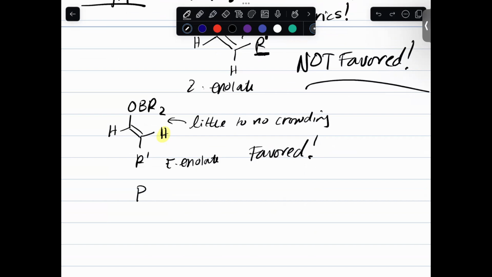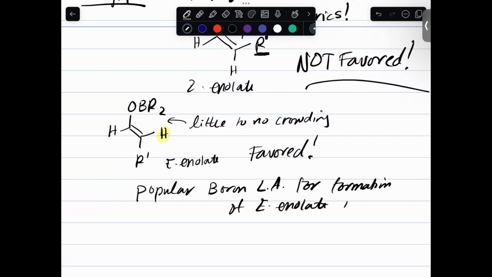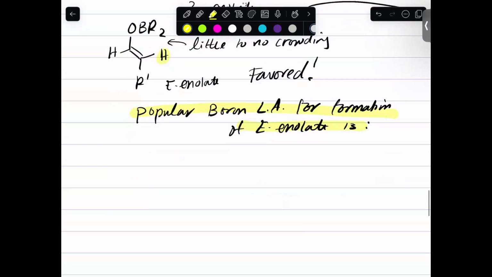popular boron Lewis acid for formation of E-enolate is when you have cyclohexyl groups on your boron.